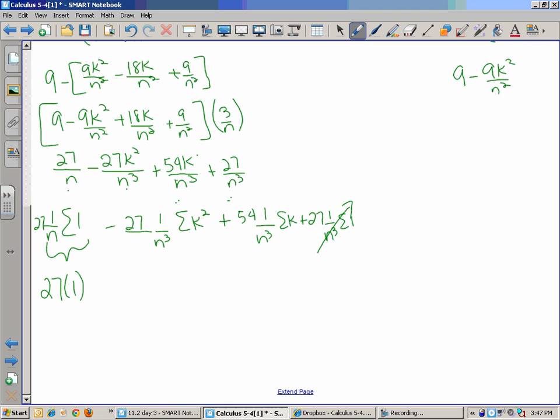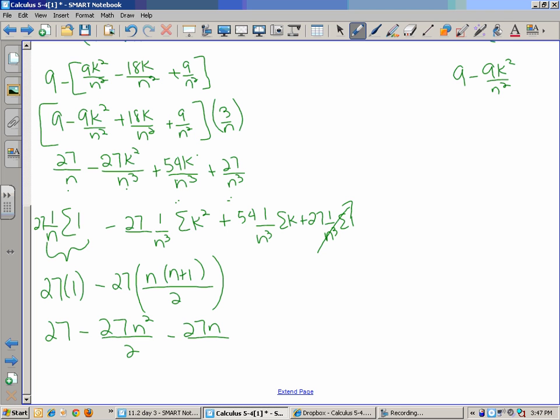If I do this one, minus 27, this one has a formula that says n times n plus 1 all over 2. I get 27 minus 27 n squared over 2 minus 27 n over 2.